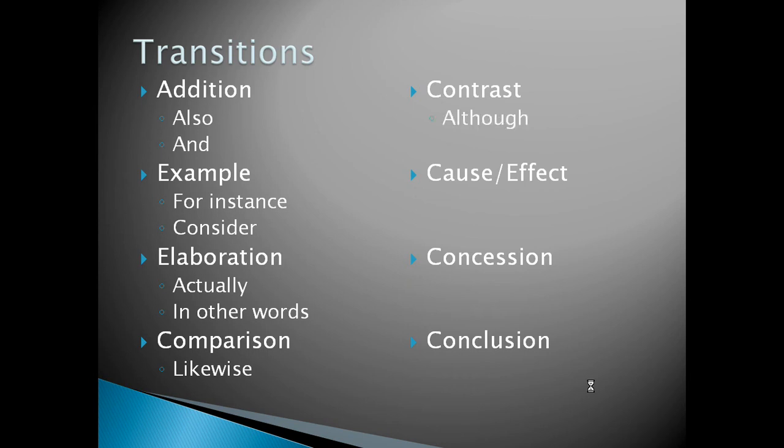Contrasts usually use words like although and but. Cause and effect, as a result, and hence. Concession, you could use words like admittedly or granted. And for a conclusion, you could use the word therefore.